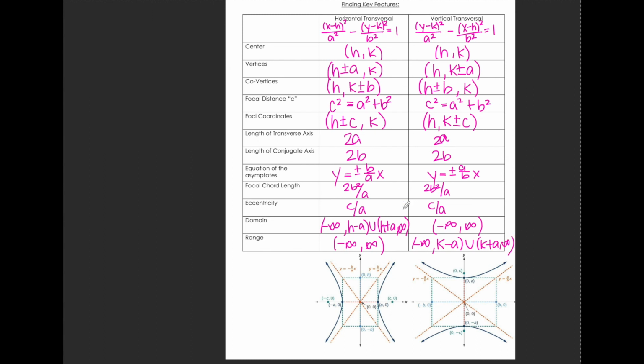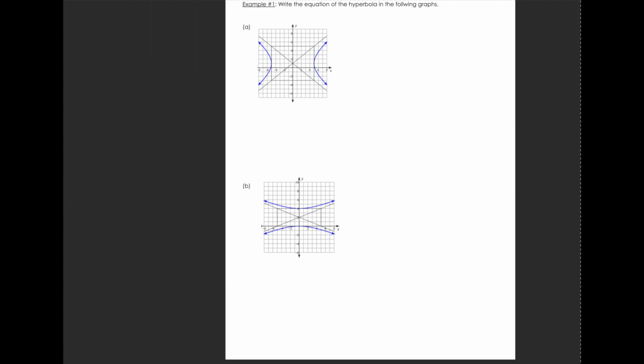Now that we've talked about all of these key features, let's do some examples where we pull these key features from an equation. Example 1 says write the equation of the hyperbola in the following graphs. So the first thing that I'm going to identify is the center, which is right here where these two lines are crossing. The center of this hyperbola is 0, 1, so that means h and k are 0 and 1 respectively.